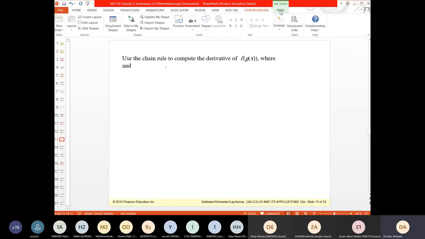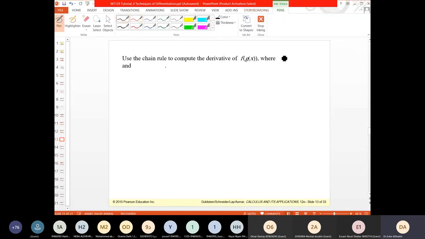It is, let me write it. 4 over X plus X square, and G of X is 1 minus X to the power 4.